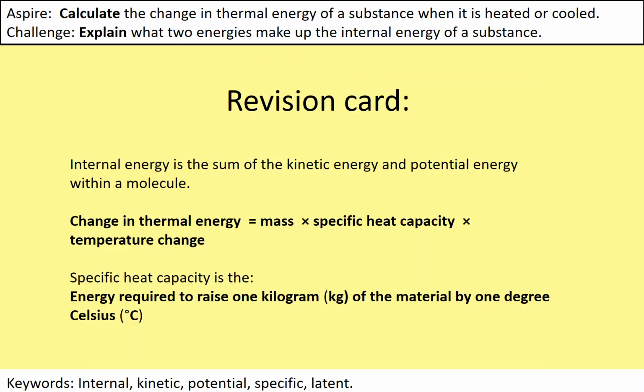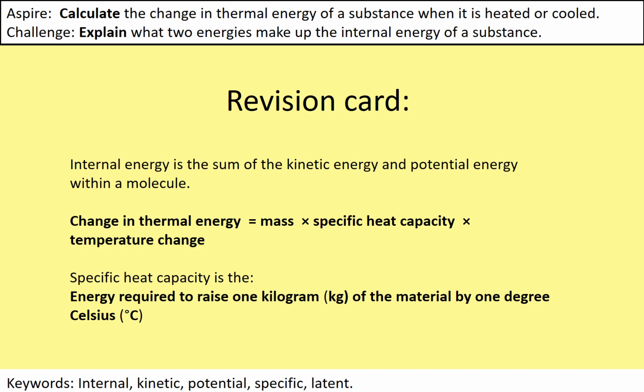Okay. If you're making revision cards for this, this is what I would suggest you include. Internal energy is a sum of the kinetic energy and the potential energy within a substance. You don't need to know this equation, but you need to know it's there on the equation sheet: the change in thermal energy is the mass times the specific heat capacity times the temperature change.